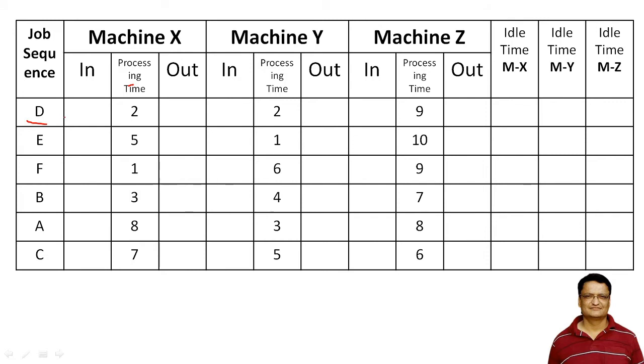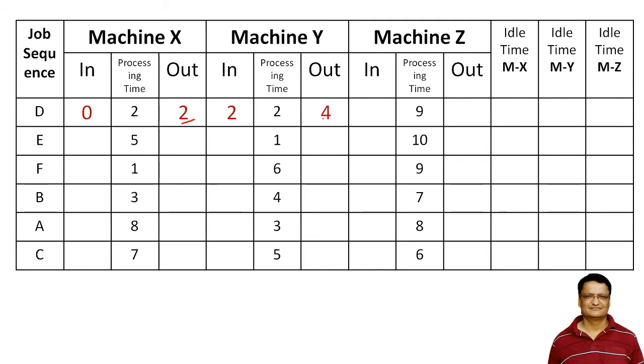job D. Now job D will enter machine X at 0 time, right? And it will take 2 hours to complete the processing on machine X. So at time 2 it will be out of machine X. Now at this time 2 it can enter machine Y, right? And it will take another 2 hours for processing.